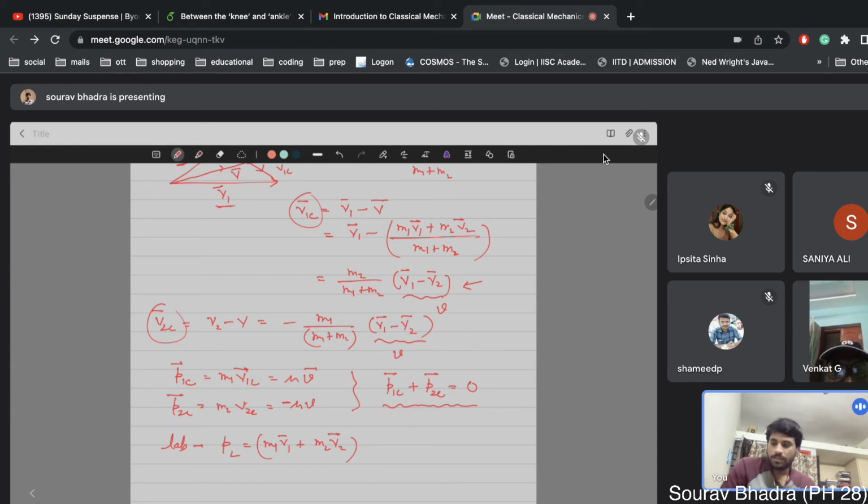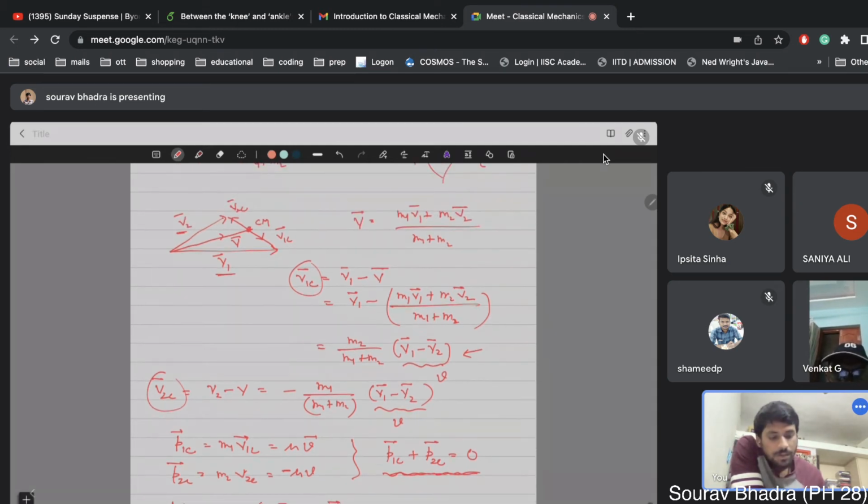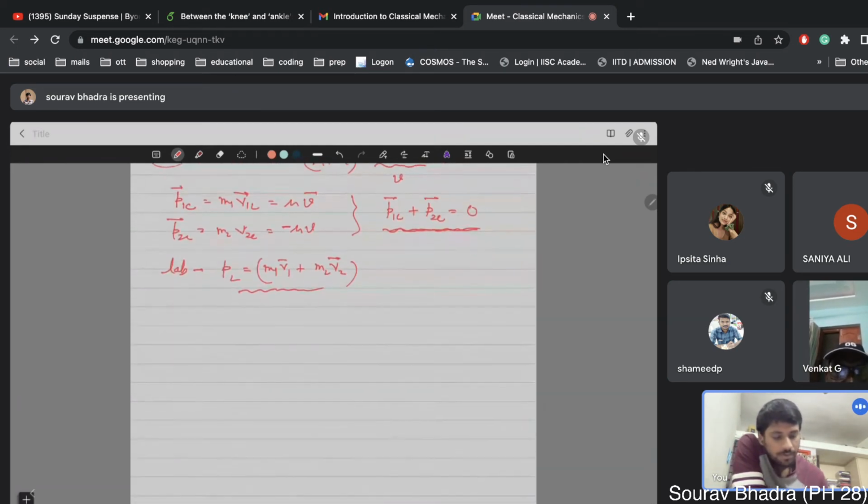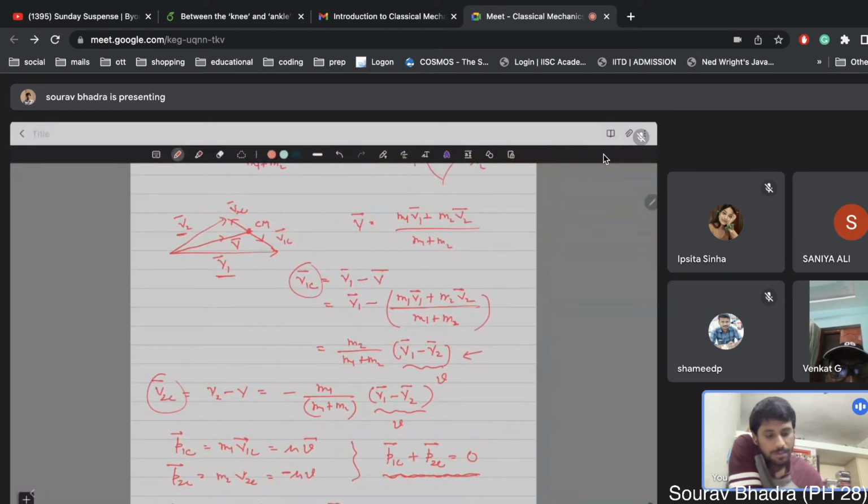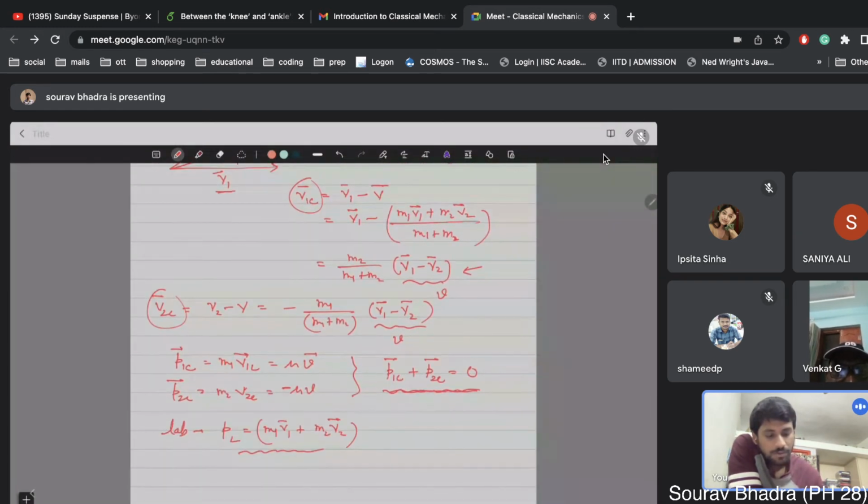Now this is the lab frame velocity and this is the lab frame momentum, this is the center of mass momentum. Now the important thing is we will do that. So remember this image, we will need that.